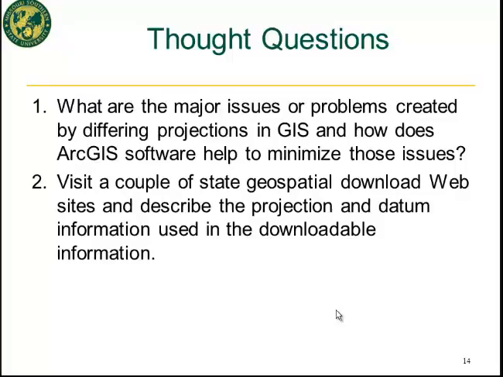Is there one projection or one coordinate system that is used for those source files, or are there multiple choices? The same thing for datums. I think you'll find in many cases there is some variety, and that will make you more appreciative of how ArcGIS is able to minimize problems with different projections.